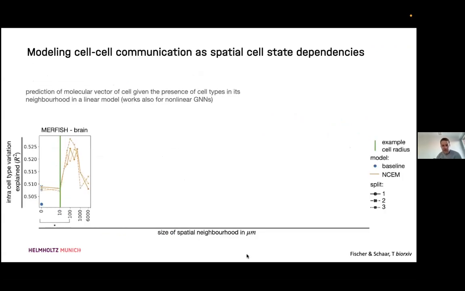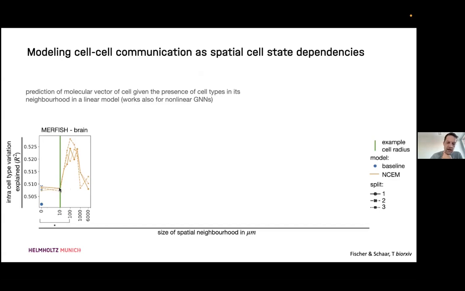And what you can now do, and this is the last slide, I really don't want to go on more, is ask how much intra-cell type variation can you explain? So how much can this functional prediction actually tell you if you add external neighboring cell type expressions? In this case, we ran 3 different models, and here we only allowed the dissociated data and no spatial information. And here we'd be adding also information about the scale of 10 microns, 100 microns, and so on.